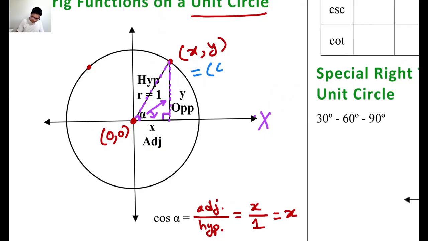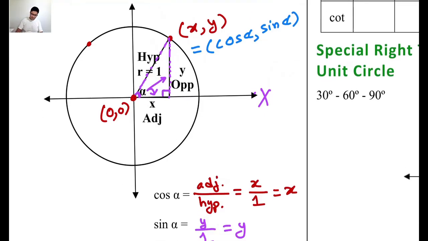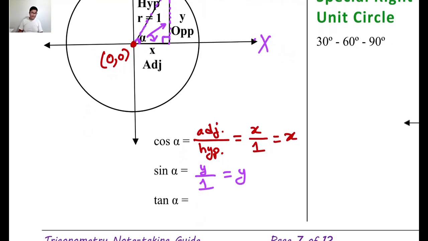Basic understanding, and I'm going to write that here. So this point x comma y can be written as cos alpha comma sine alpha, where alpha is the angle made by the radius from the point to the origin, on the unit circle. Then finally, tan alpha is opposite by adjacent, which will be y over x.